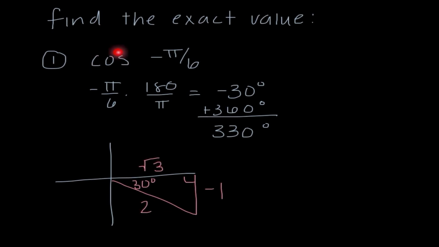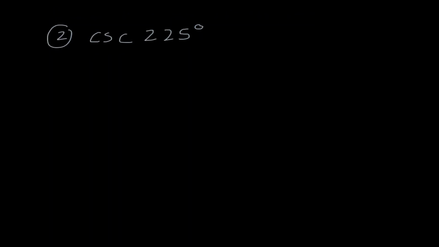I know cosine is adjacent over hypotenuse, so I'm going to say my answer is radical 3 over 2. And before I give that as the final answer, I just want to double check. Does it make sense in quadrant 4 that cosine is positive? And it does, so I know that this is my final answer.